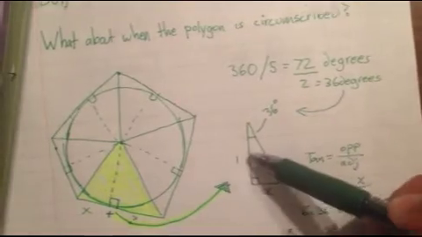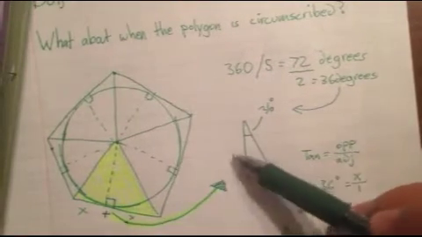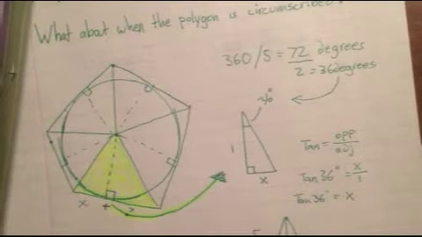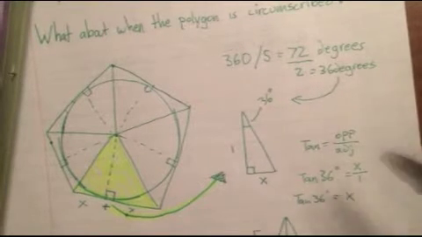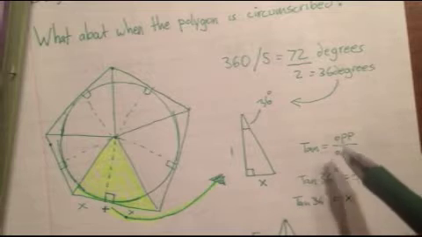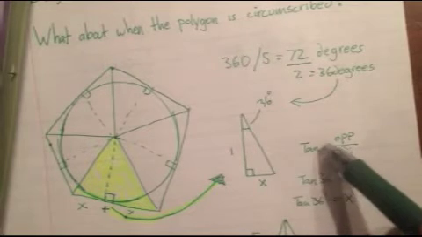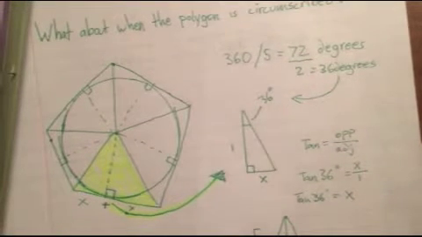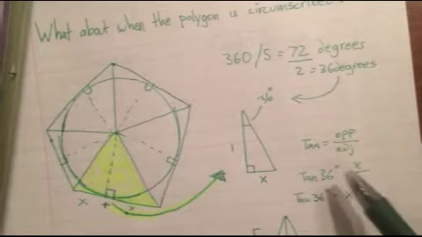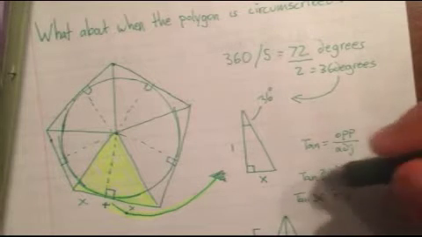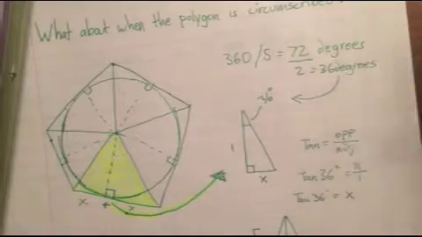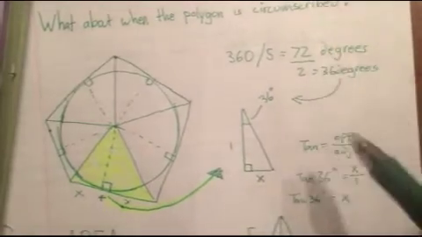And the height is 1 because the radius acts as an altitude to our triangle, and this is x. So we can use tangent here because the angle is a right angle, and tan equals opposite over adjacent, so this is tan 36 equals x over 1. So x actually ends up equaling tan 36.